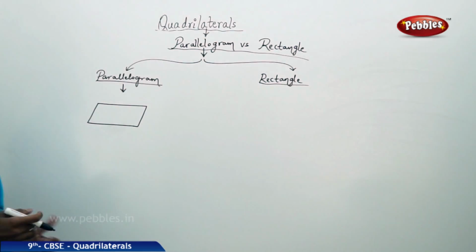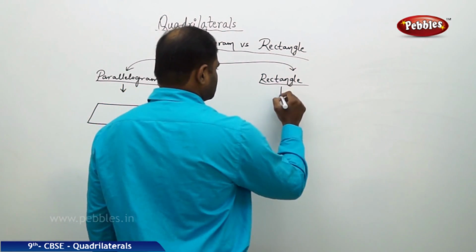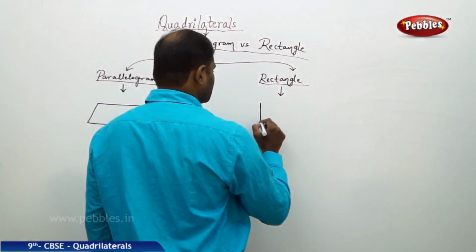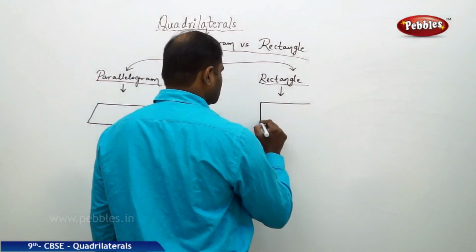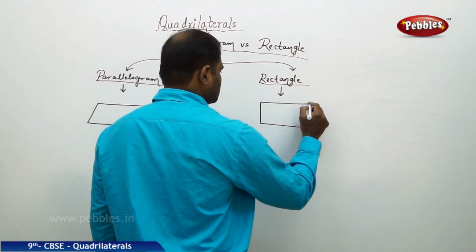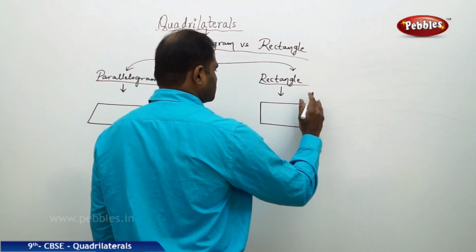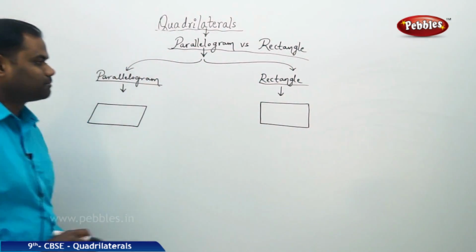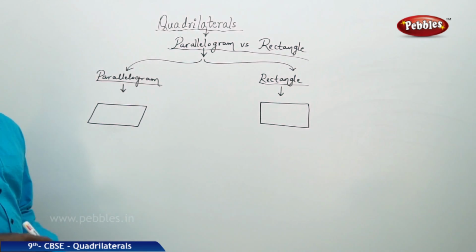Is how we understand the parallelogram. Now similarly, a rectangle is an erected property. Now let's see the properties in common.